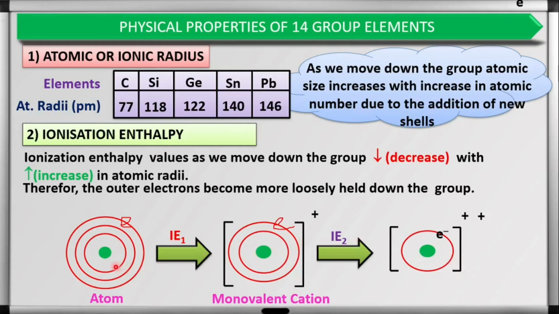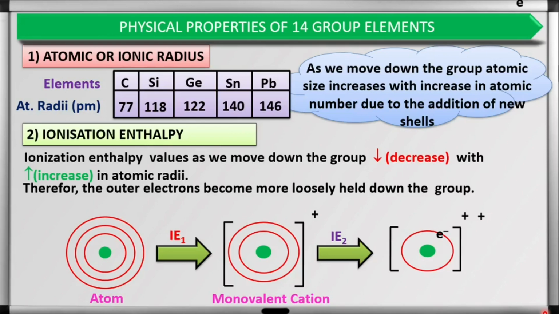So because of the nucleus and electron interaction, the ionization enthalpy shows greater values, means E1 shows less value, then E2 shows more value. That's why the ionization enthalpies increase.